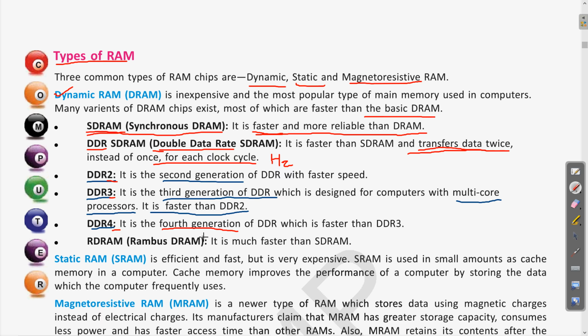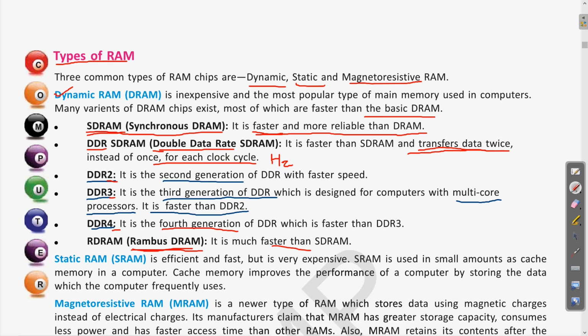Then a new variation of the dynamic RAM is RDRAM, that is Rambus dynamic RAM. This is much faster than the DRAM. Any of these variations which are invented have better data transfer than the previous variations.